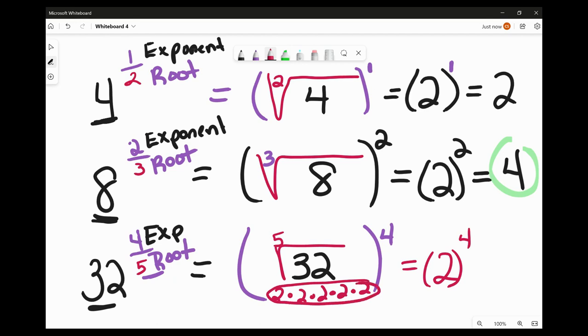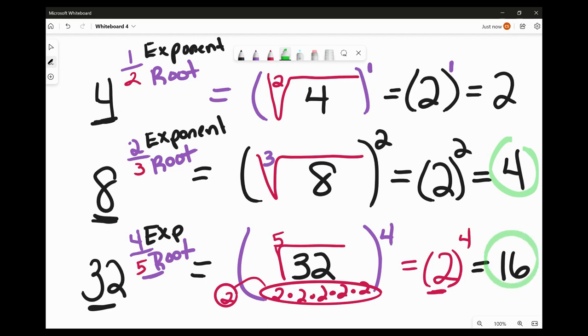So since I have 5 of the same number on the inside, I take 1 out. I have 2, and it's being raised to the 4th power. And 2 multiplied 4 times is going to give me 16. And that's my answer there.